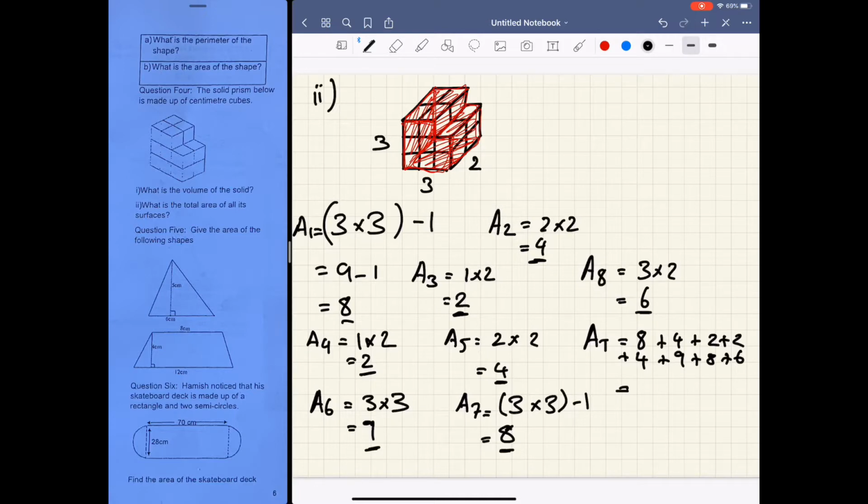So the total area, chuck it into a calculator, 8 plus 4 plus 2 plus 2 plus 4 plus 9 plus 8 plus 6 is 43 centimeters squared. Total area. Okay, that was a bit of a doozy one.